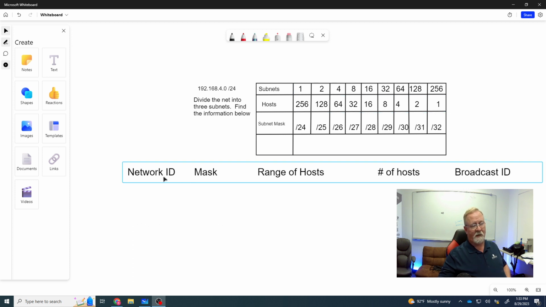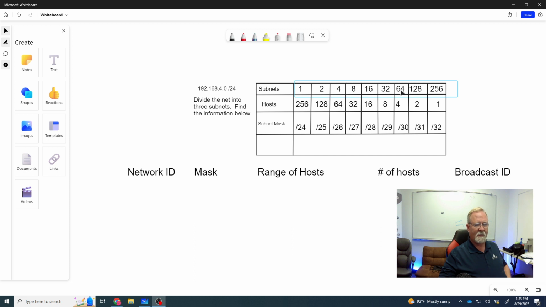That would give you your broadcast ID and your network ID, but you wouldn't have any other usable addresses. So the smallest you could practically divide a network into would be 64 pieces. That would give you a network ID, a broadcast ID, and 2 usable IP addresses, which would be kind of pointless because that would give you a router address, and then 1 computer to hook to the router. So that wouldn't be very practical.